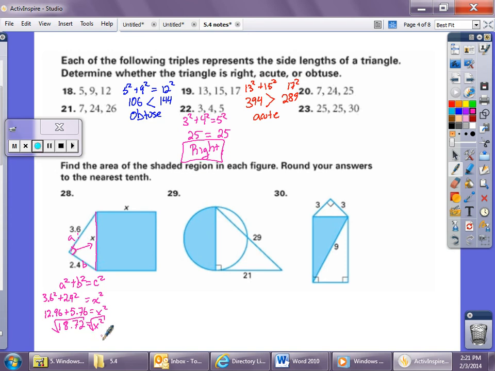So we just know that x equals the square root of 18.72. We leave it in radical form.